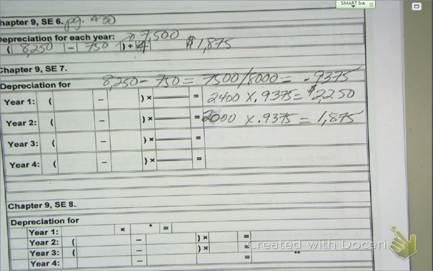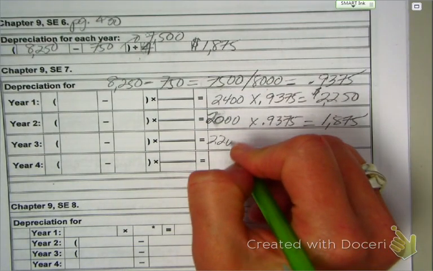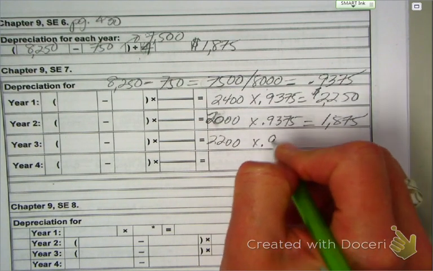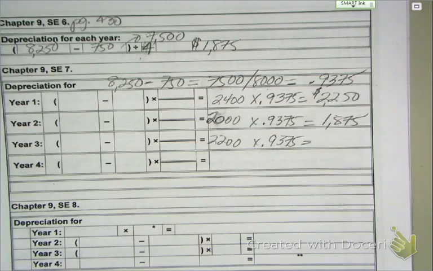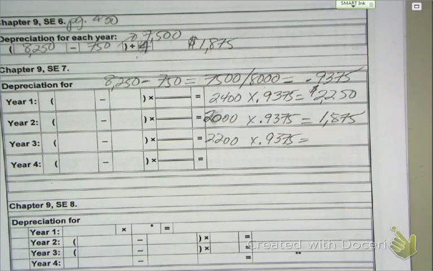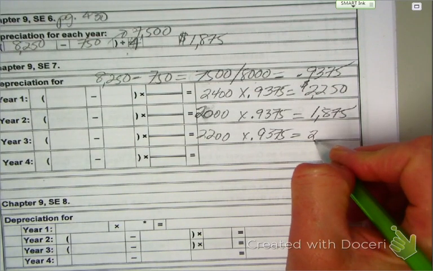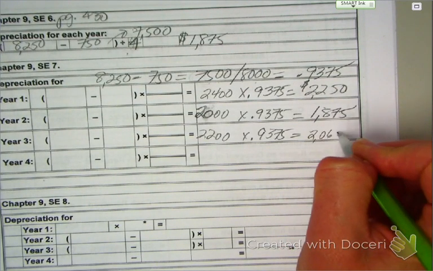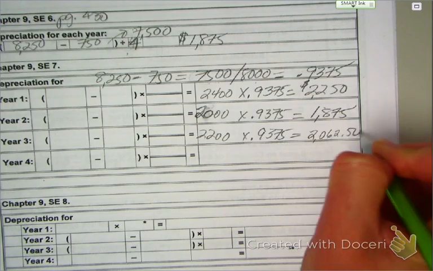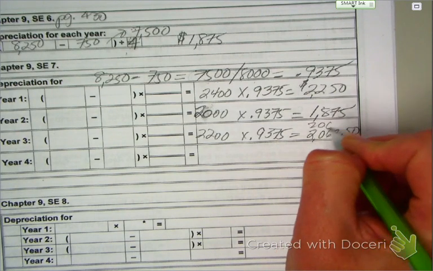In year 3, it was the 2,200 hours. So it's 2,062.5. Round that up, 2,063.